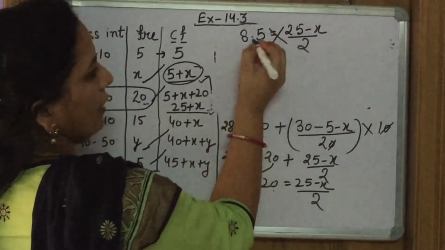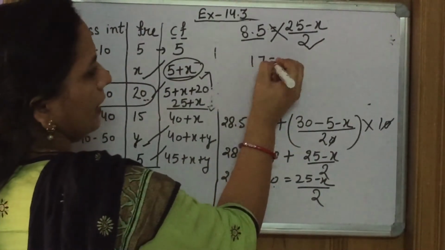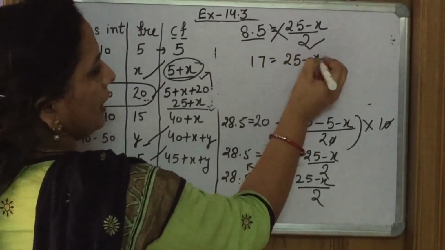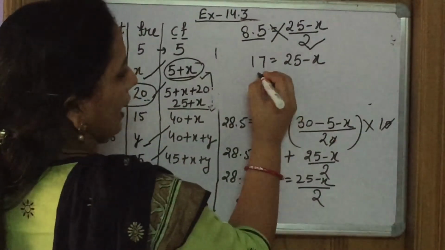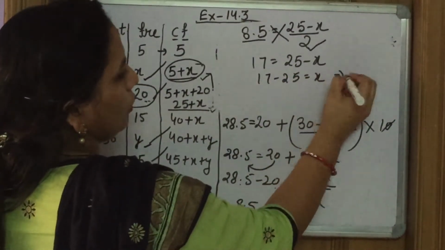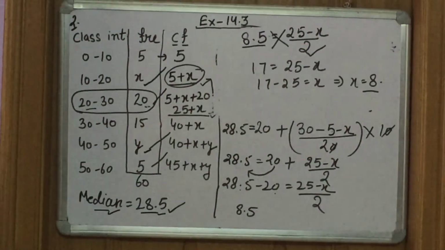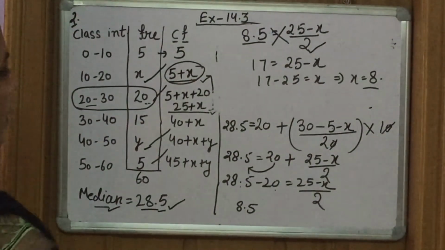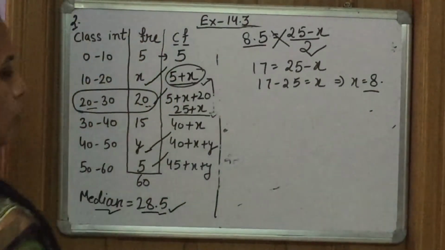When we multiply 8.5 by 2, we get 17. 25 minus x. From this we can easily find the value of x. It will be equal to 8. So this is our value of x. And the remaining term is y. We have to find the value of y also.